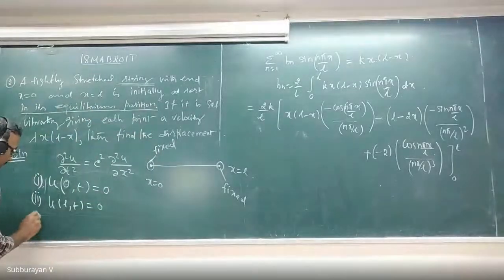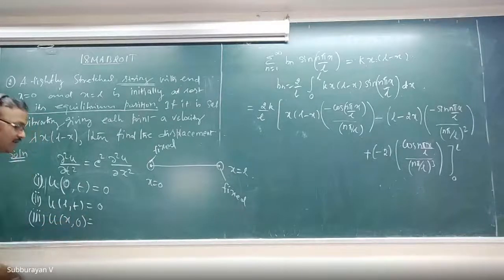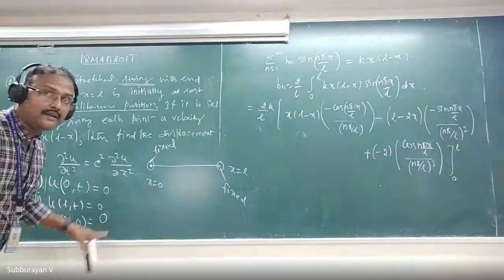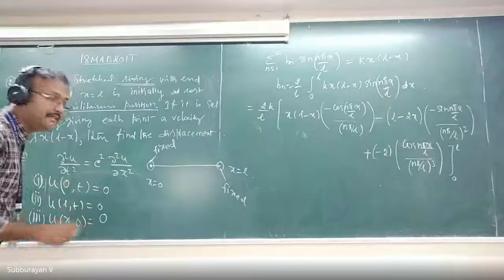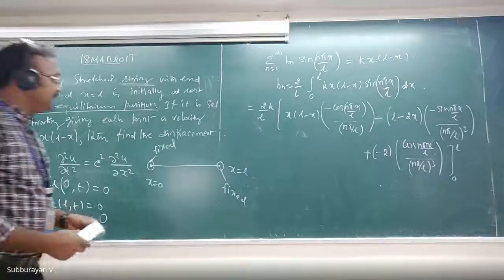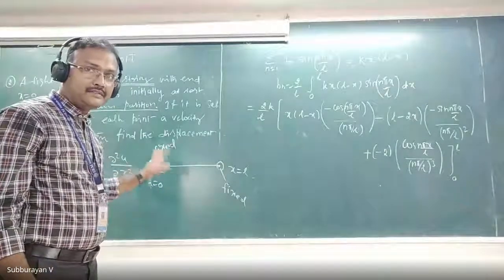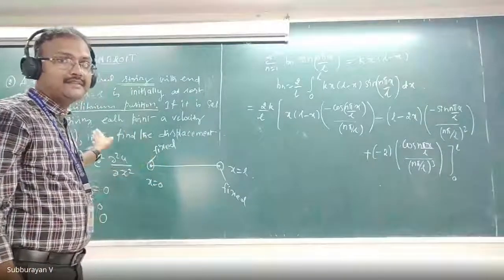That is the third condition: u of x comma 0 equals 0. This is called the equilibrium position at the initial time. And the fourth condition: the initial velocity profile of the string is given by lambda x into L minus x.